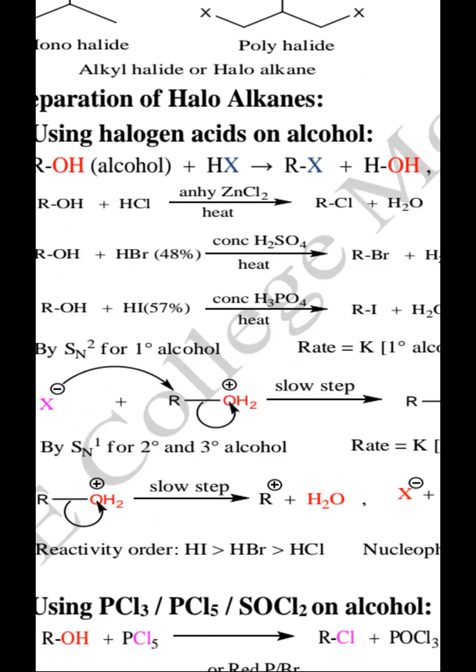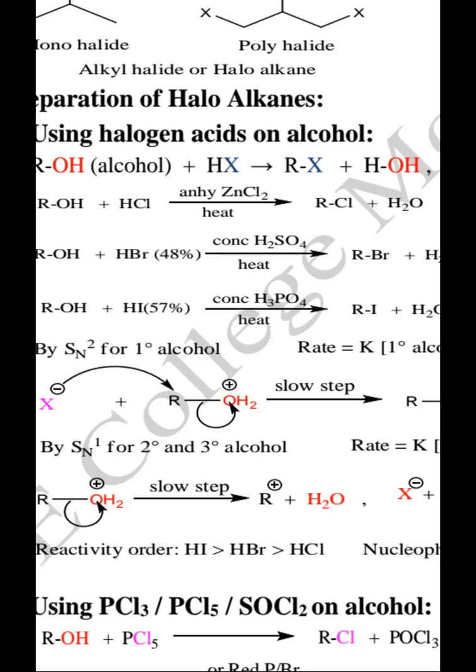In case of HBr, we use 48% HBr using concentrated H2SO4. Here Br has replaced OH to produce alkyl bromide, and in the last case HI is reacting with ROH, where we are using 57% HI. Iodine has replaced OH. We are using concentrated H3PO4 in this case.